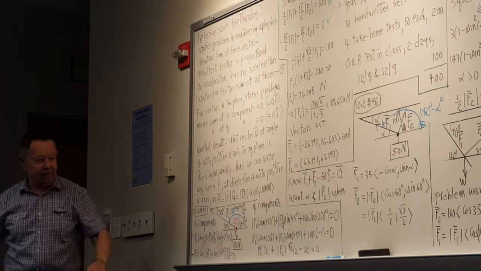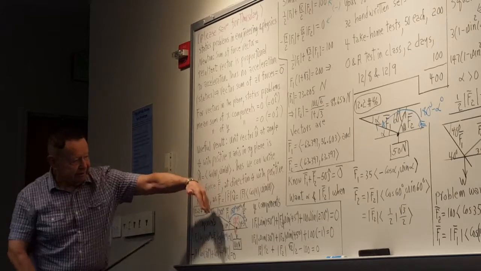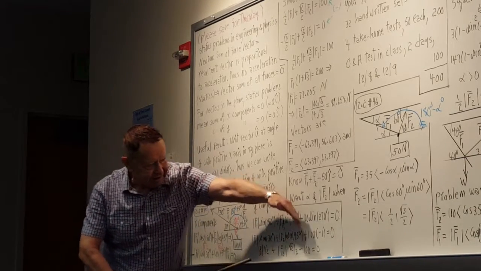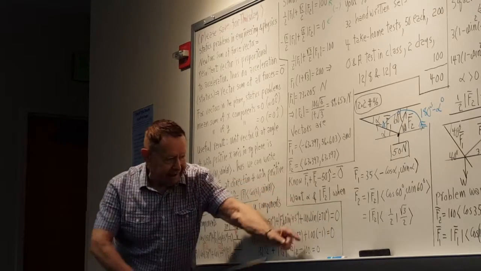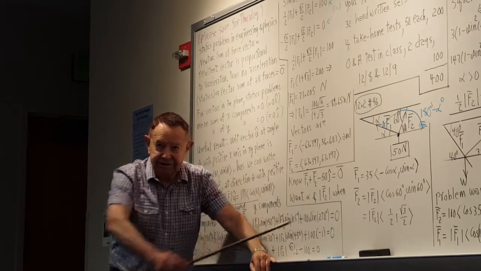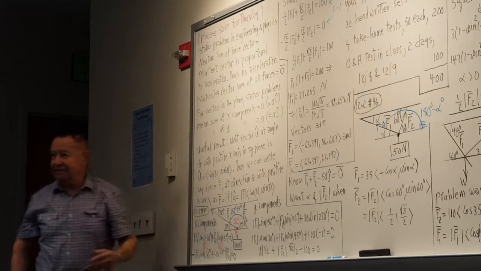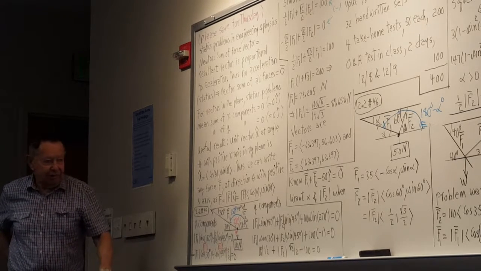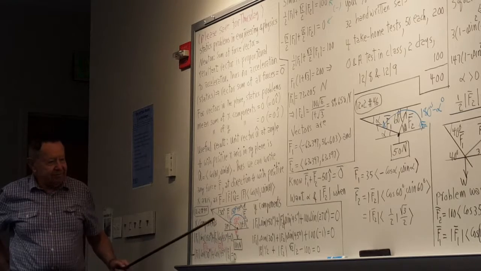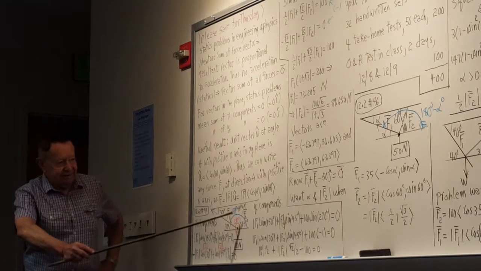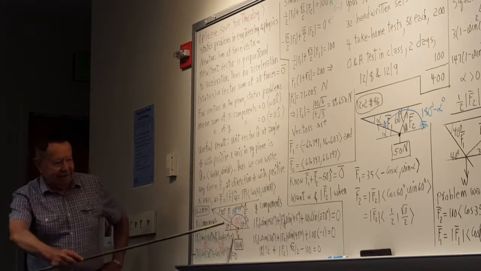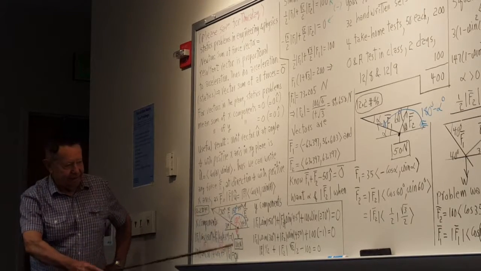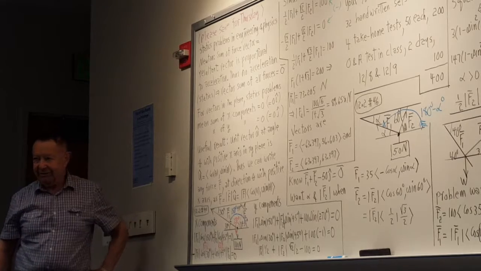If you preferred, you could say that the two components pulling up, which are this and this, equal the one pulling down by moving this across. That is certainly a way a lot of people would do it: you'd say, well, if it's statics, what's pulling to the right equals what's pulling to the left, and what's pulling up equals what's pulling down.